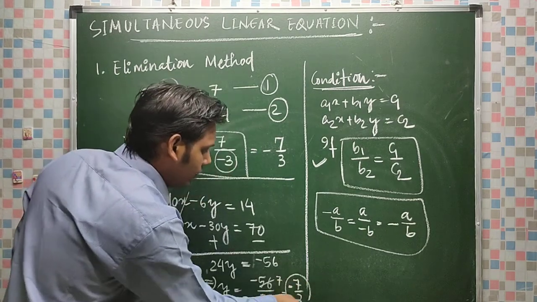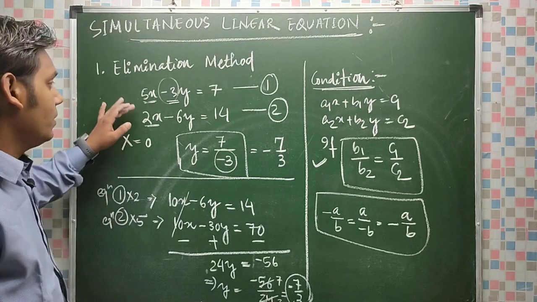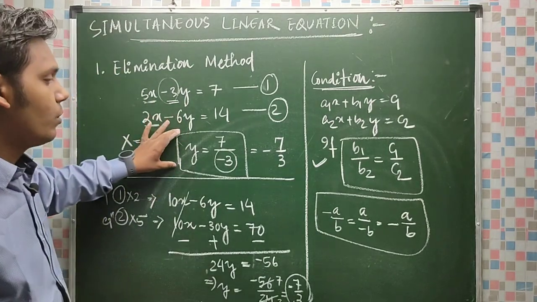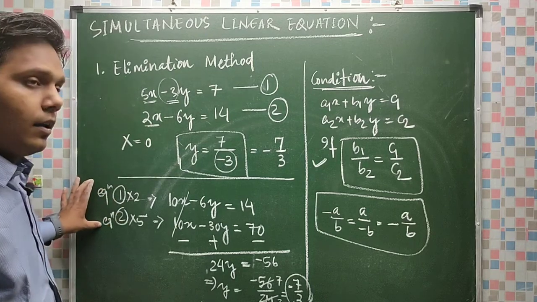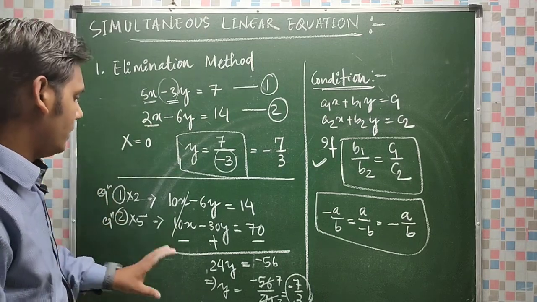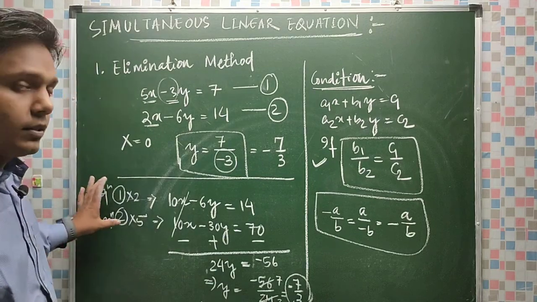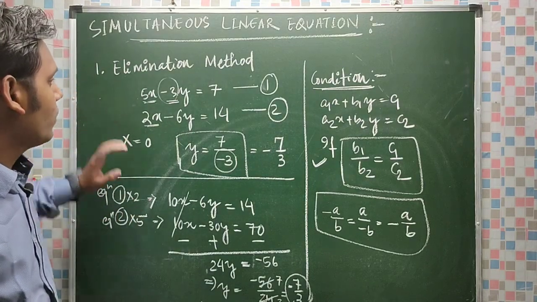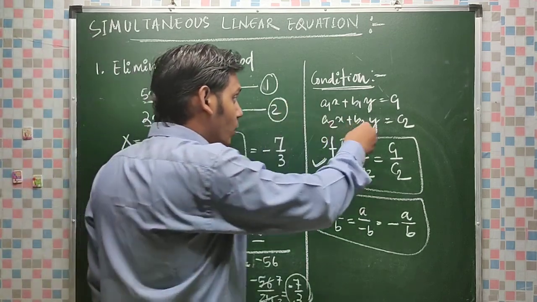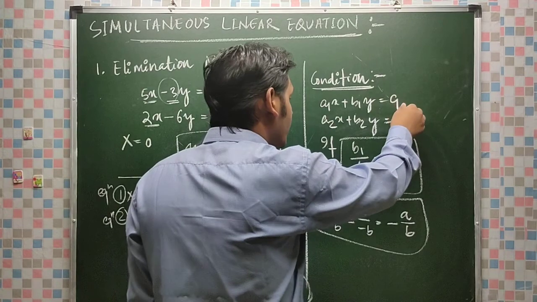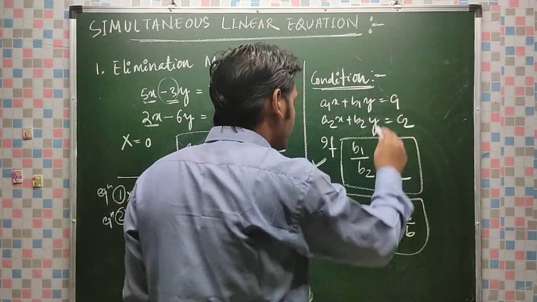If we put the value of y in any of these equations, you will get the value of x, that is 0. But you have to go through this method. This is the actual elimination method. This one you learn in class 9 mathematics. So this formula you have to apply if the ratio of the coefficients of y is equal to the ratio of the constant terms.